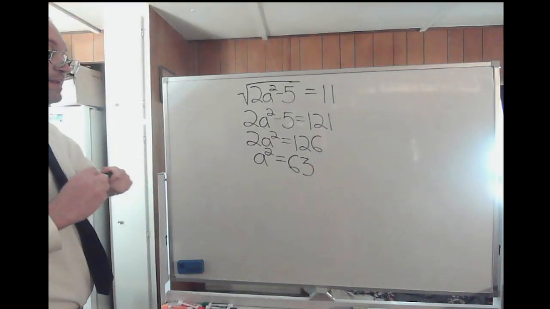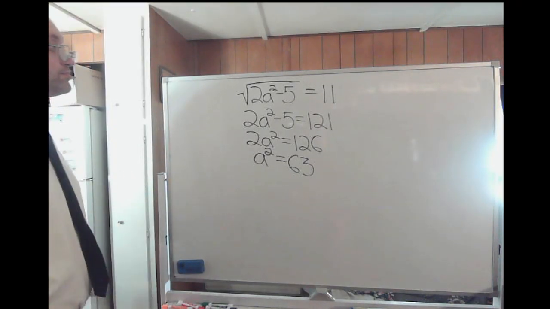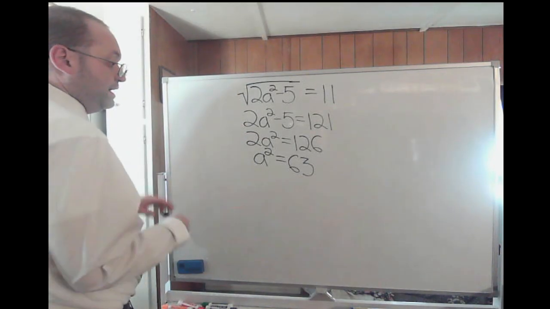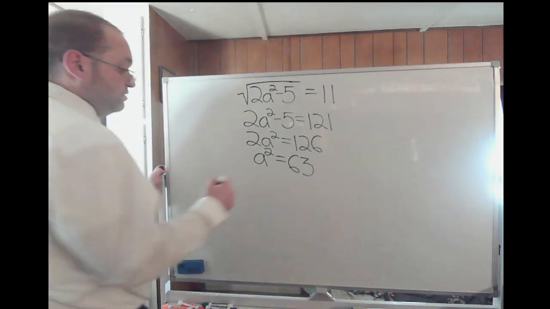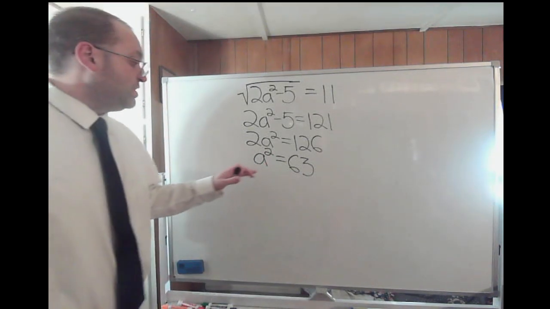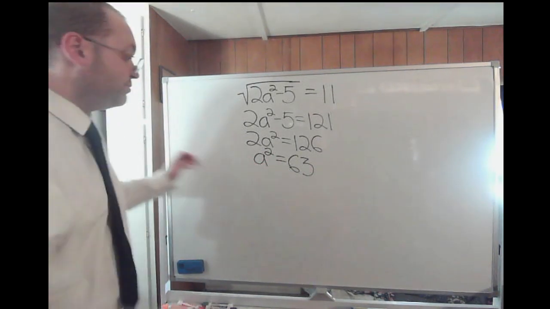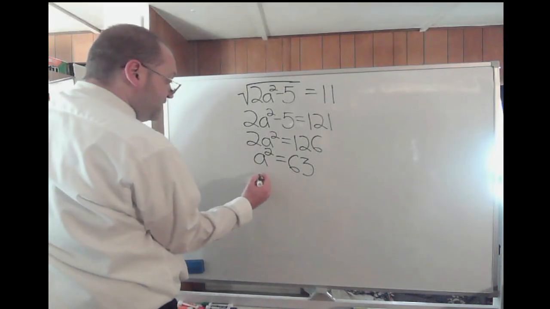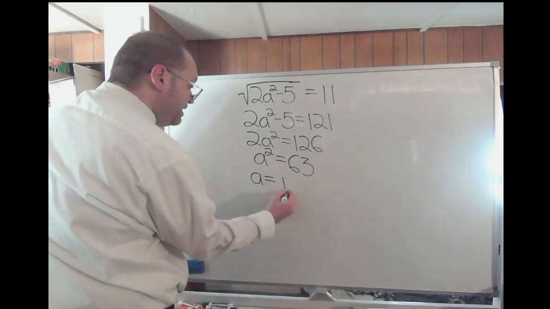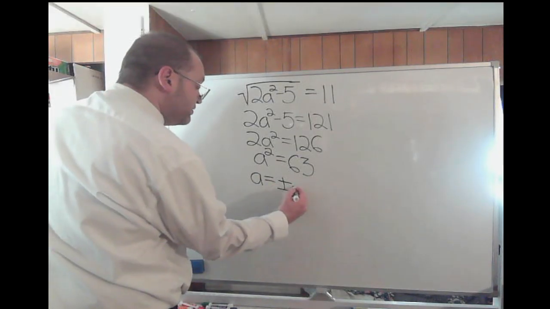Now we have to solve for a, which means, whenever you solve for a quadratic variable, remember you take the square root of the variable side, which would actually end up being a, but it's plus and minus the square root of the number on the right hand side.